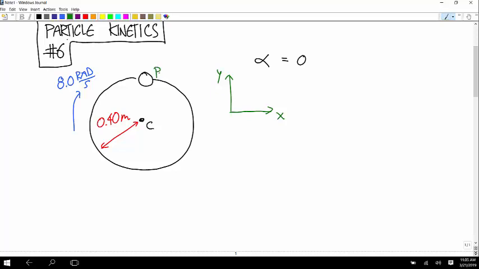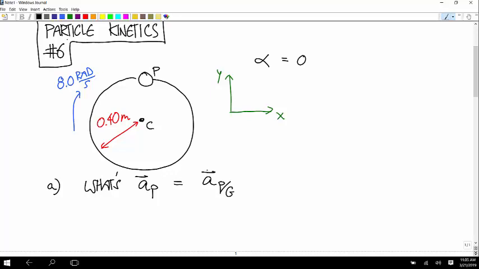So let's say that it's at the location P. So we're looking for what's the acceleration of that point P. And remember, it's important to keep in mind that if it doesn't say what the acceleration is relative to, then you're assuming that that's relative to ground.